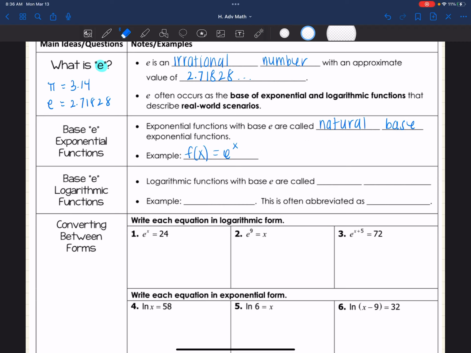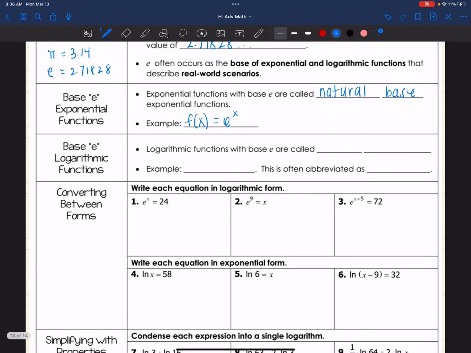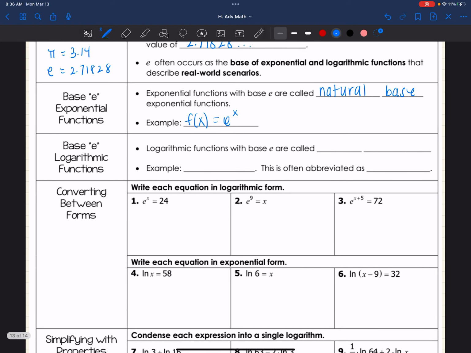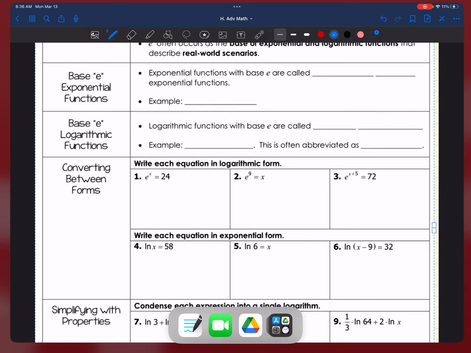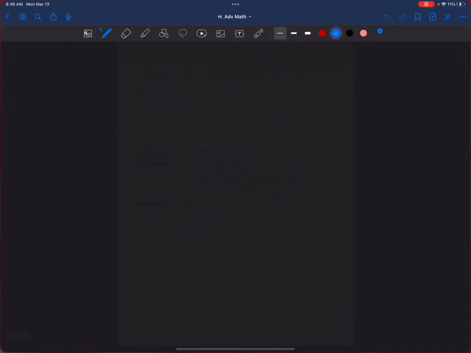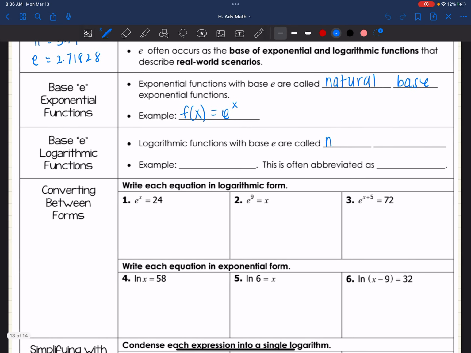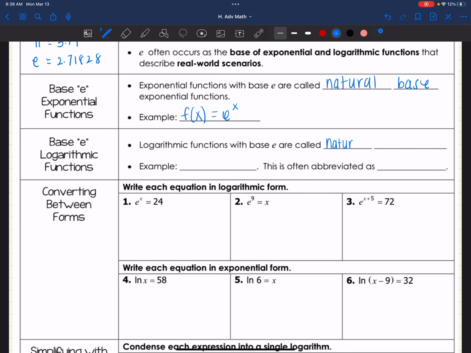Now you can have base e exponential functions, and you can also have base e logarithmic functions. This is where the idea of a natural log comes in. Logarithmic functions with base e are what we call natural logarithms.